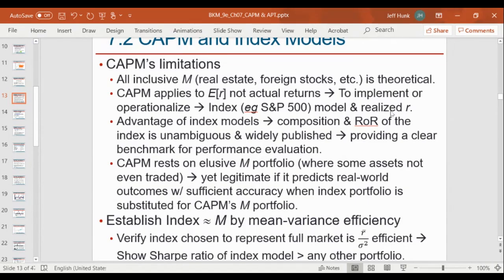So to operationalize CAPM, we have to use an index like the S&P 500, which has a constant 500 companies in it, right? It's not in flux.